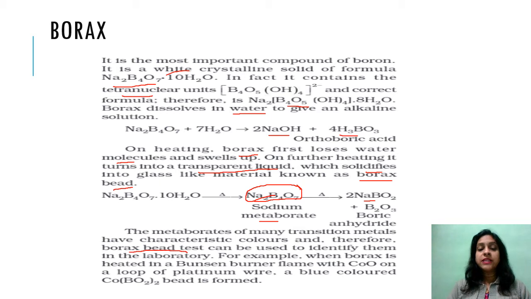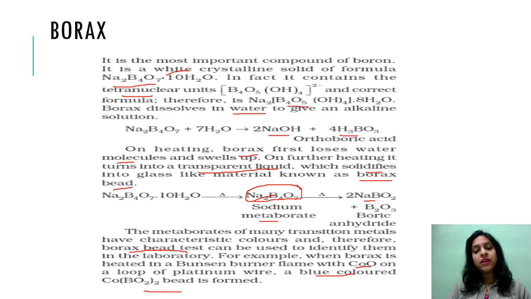transition metals. जैसे कि अगर हम बोरेक्स को बन्सन बर्नर की फ्लेम में कोबाल्ट ऑक्साइड के साथ हीट करते हैं in a loop of platinum wire, then a blue color bead is formed. तो कैसे कलर की bead formed होगी? A blue color bead is formed.